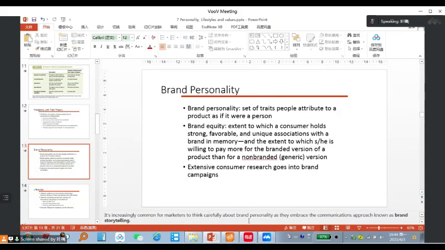It's increasingly common for marketers to think carefully about personality as they embrace the communications approach known as brand storytelling. This perspective emphasizes the importance of giving a product a rich background to involve customers in its history or experience. Brand storytelling is based on the tradition of reader-response theory, widely accepted, which focuses on the role of the reader in interpreting a story.